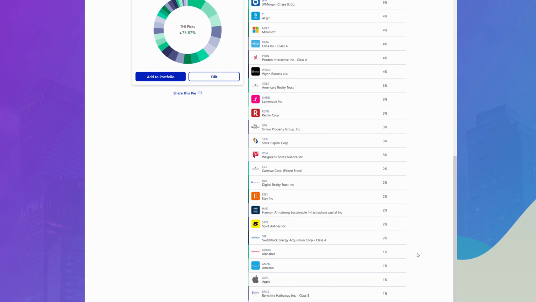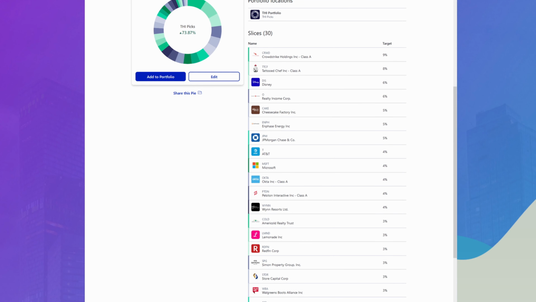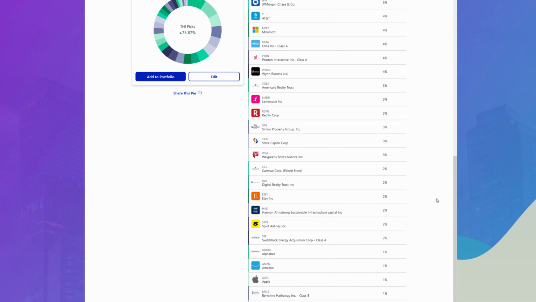And hopefully we see the travel and entertainment world come back to what we at least thought was normal before. And then there's also what many would consider safe plays to balance out the portfolio. The AT&T, Microsoft, Amazon, Apple, Berkshire Hathaway, Walgreens. In the future, we will dive into specifics of some of these companies, why I believe they have a bright future.